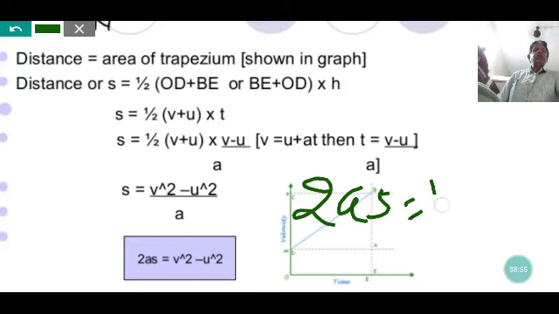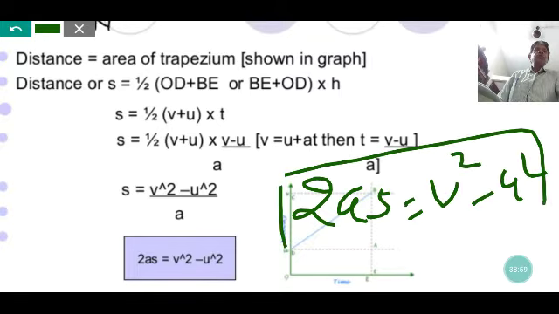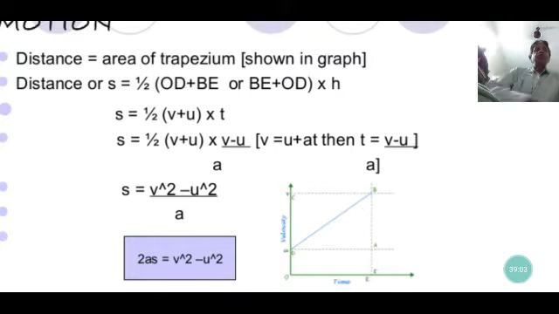Now here v square minus u square, you have to calculate through the graph like that. Look here. It is a trapezium, just as we discussed earlier. The distance is equal to the area of the trapezium.